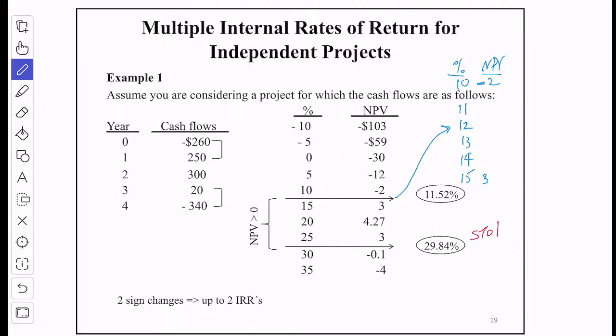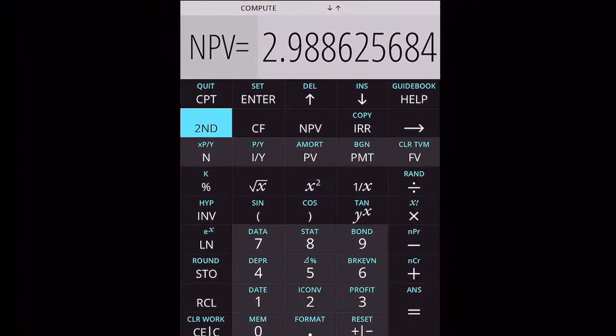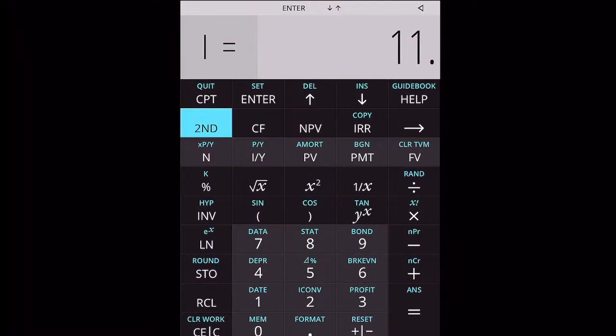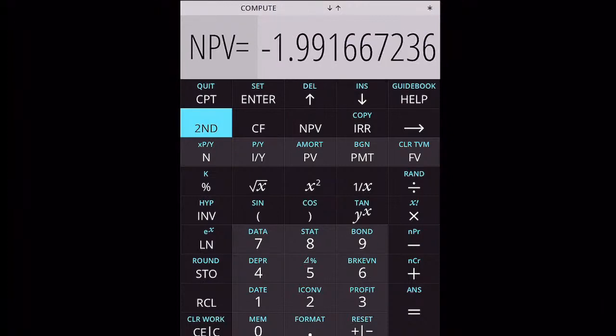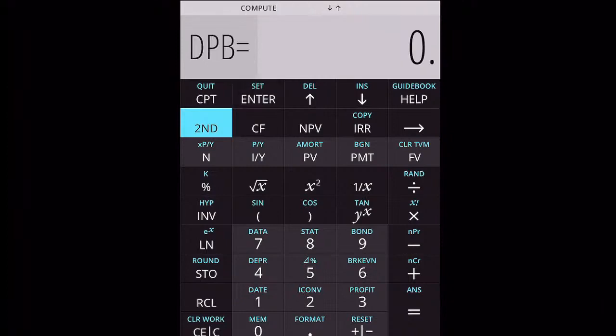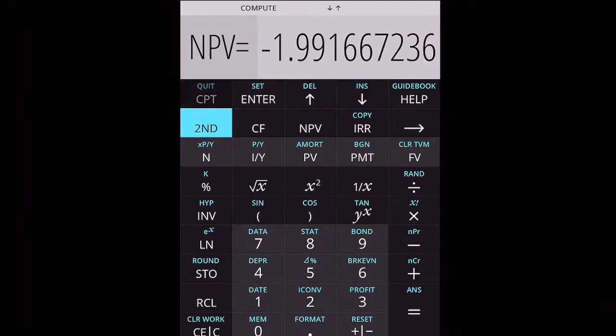Let's do 11 again. I don't know what happened. NPV 11. Let's do 10. 10, enter down, compute, and then NPV 11, enter down, compute, there. I guess I didn't hit compute.